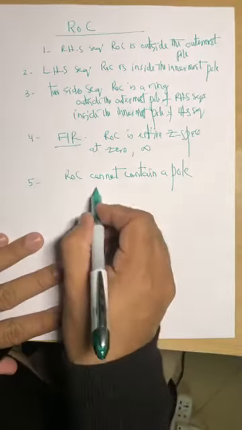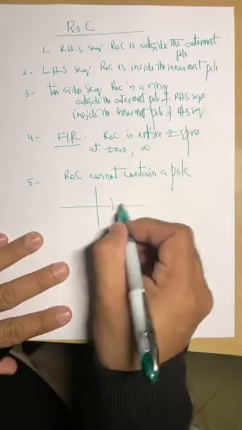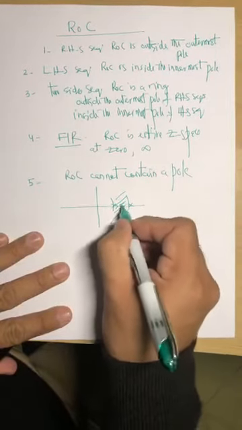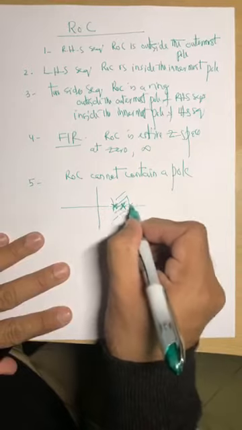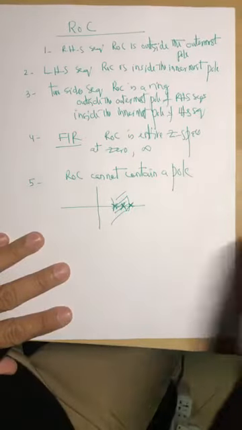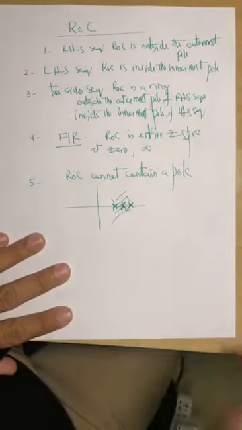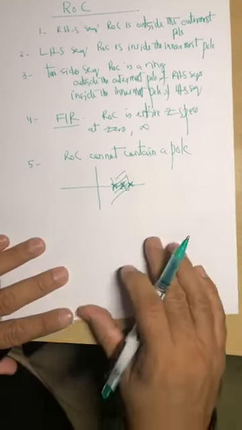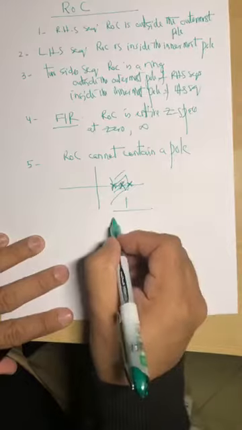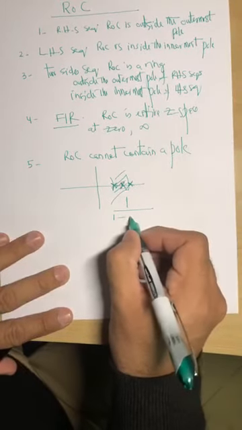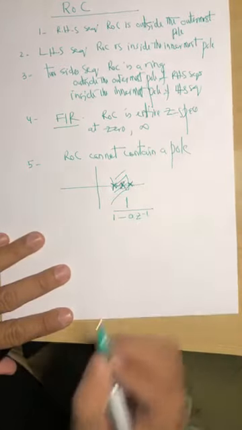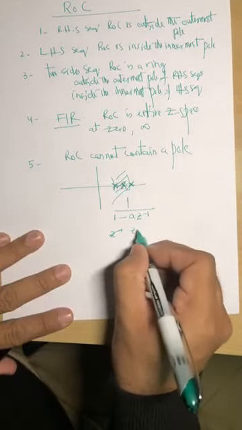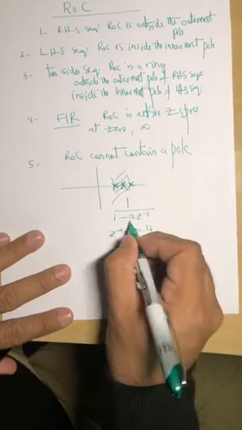And that's the reason we cannot say that this is the region of convergence, because it has a pole. A region of convergence cannot have a pole. Okay, so this is not possible, because a pole is something where, if you put the value, for example, 1 minus A Z inverse, and if Z is equal to A, so it is the pole.